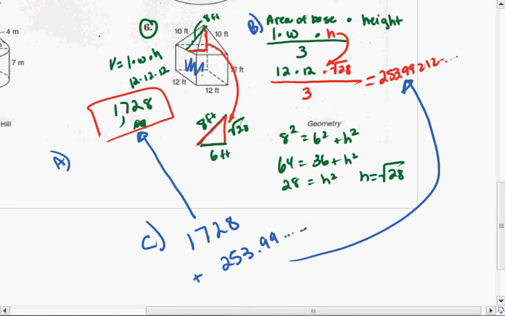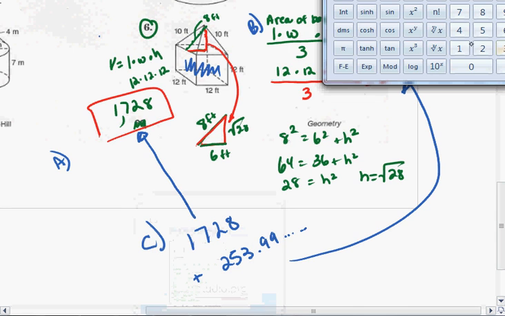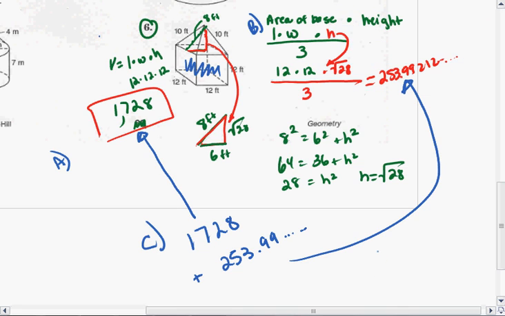So we're taking the box, 1,728, and that pyramid up on the top, 253.99212. So let's just go ahead and add that in. Plus 1,728 is about 1,981.9921. We're rounding to the nearest tenth, which means it's going to round up to 1,982 feet cubed.